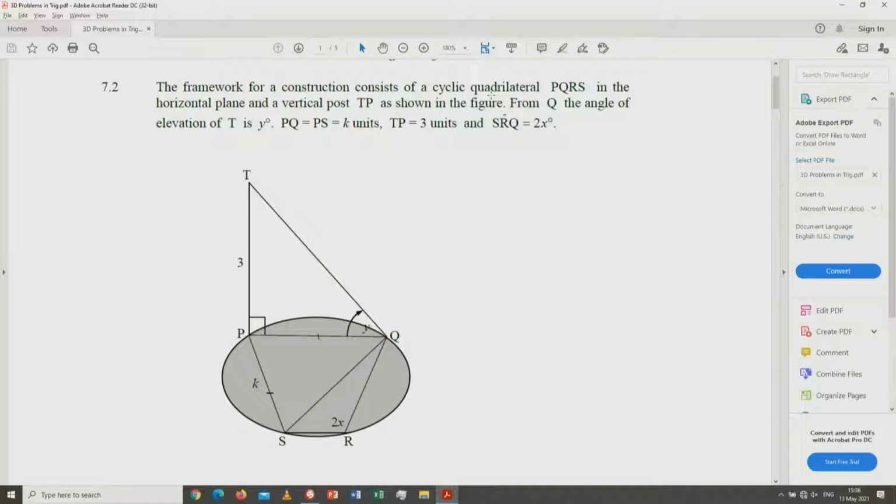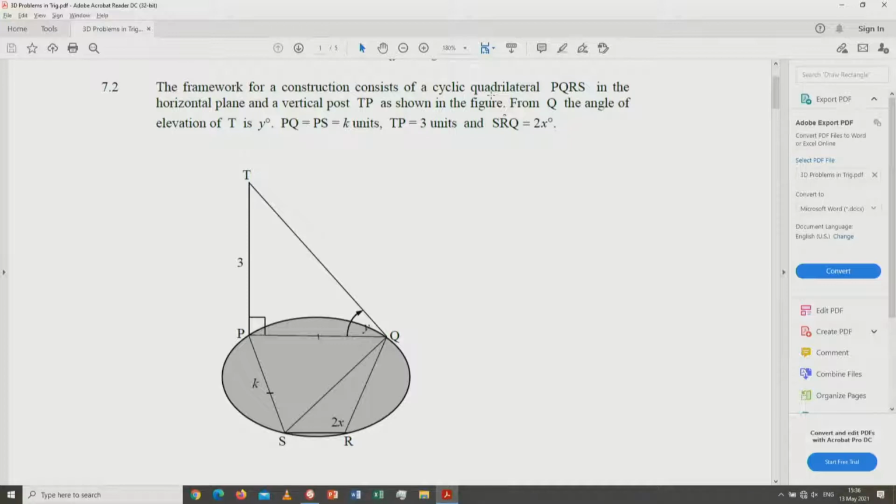Here we are given a cyclic quad. What are the properties of a cyclic quad? If you do not know the properties of a cyclic quad, you won't be able to answer this question. Cyclic quads are dealt with in Euclidean geometry, the circle geometry in grade 11. Hence it's important to have that basic knowledge of properties of quadrilaterals.